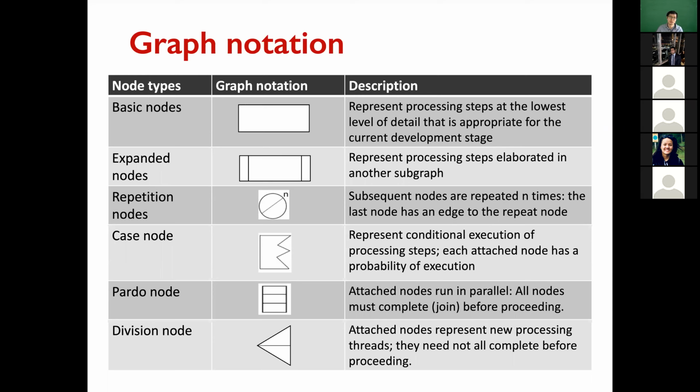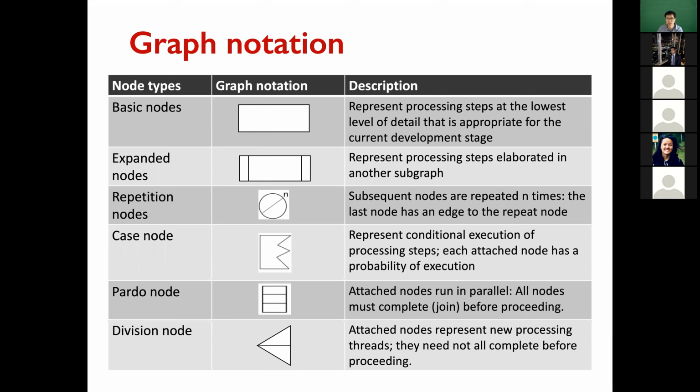And there is a repetition node, which means the subsequent node is repeated n times, okay? A case node is like in programming, like a switch case, right? So you can have different branches to go, right? It represents the conditional execution of processing steps, okay?